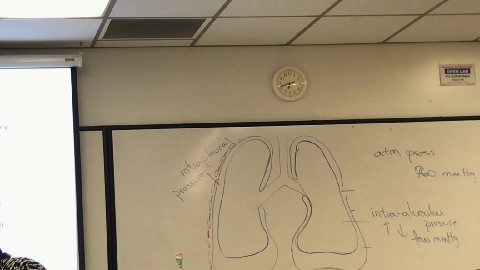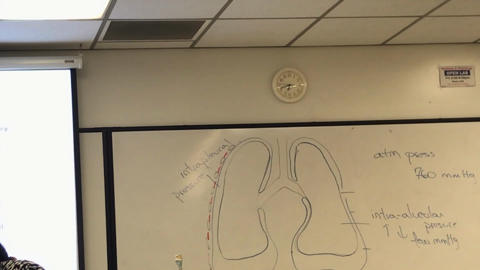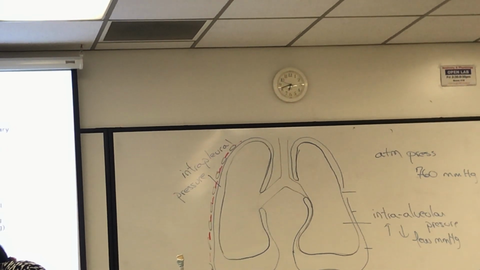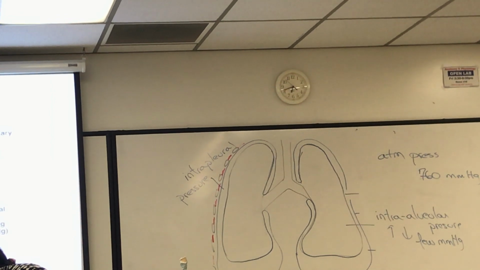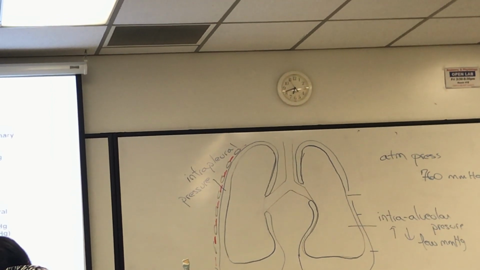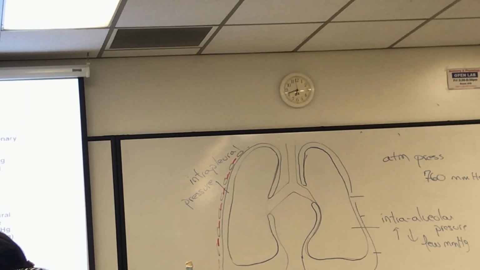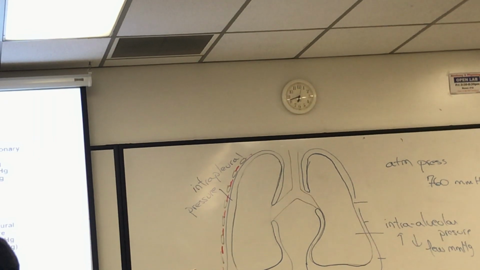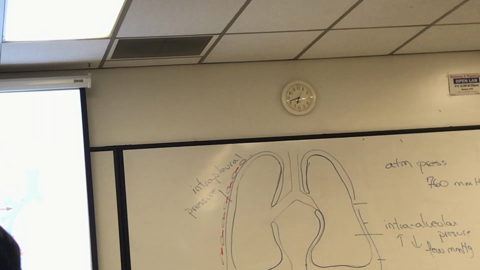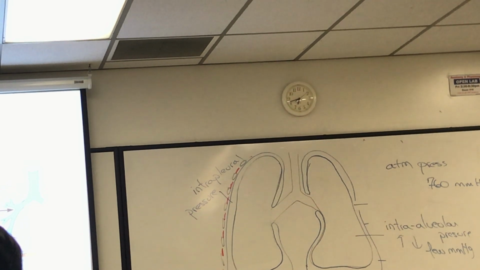And it's always less than atmospheric. That's another factor that helps in the expansion of the lungs. There's a negative force keeping the lungs from their natural recoil, so it helps to expand the lungs. So this is a -4. So here's intraalveolar, going up and down.